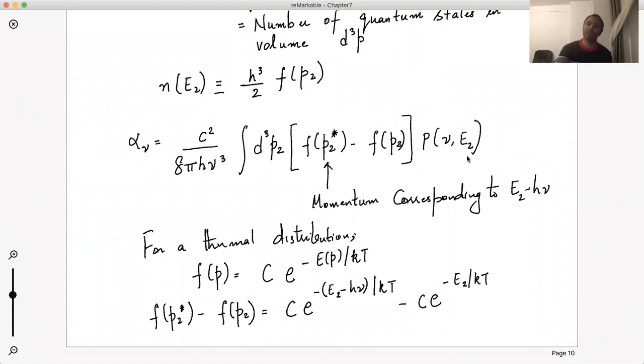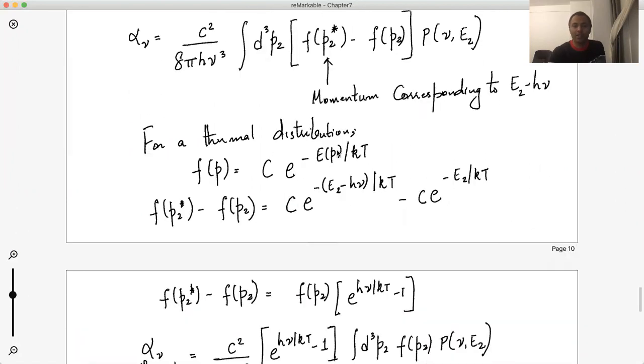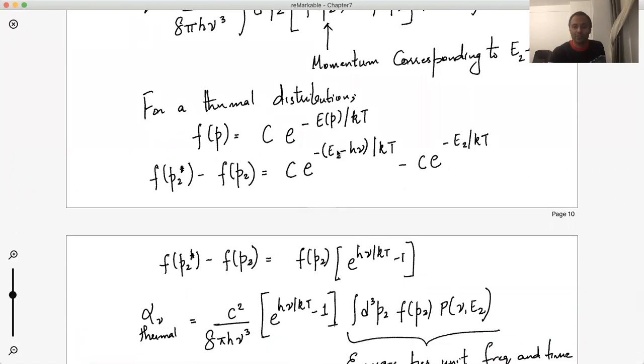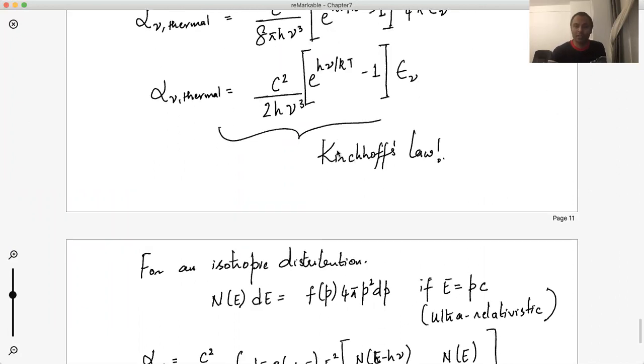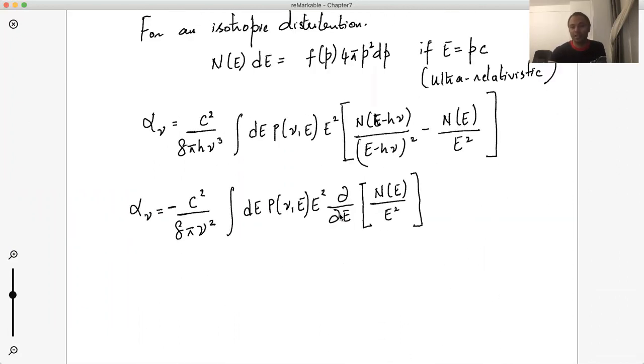You can put in any prescription for capital P, that function, and you can put in any particle distribution here, and this would apply to any radiation mechanism. The only particular thing which we did is related to the isotropy of the distribution. So if the particle distribution is isotropic, then you can come all the way here. That would be the absorption coefficient.